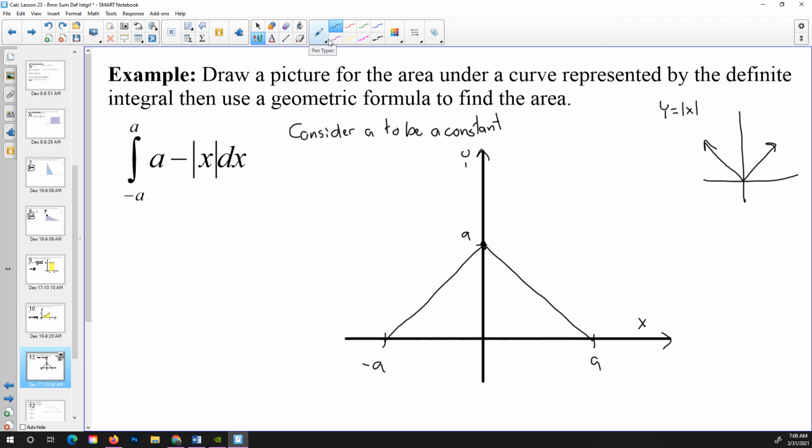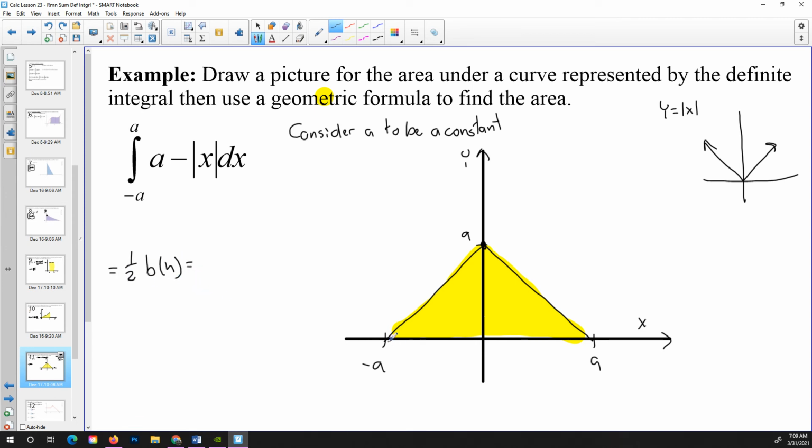And then the area of that region would be this area right here. And so there's my diagram. And then if I want to calculate my area, again, I'll use a half base times height.